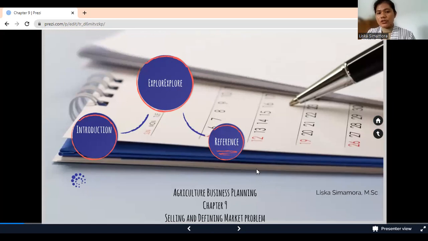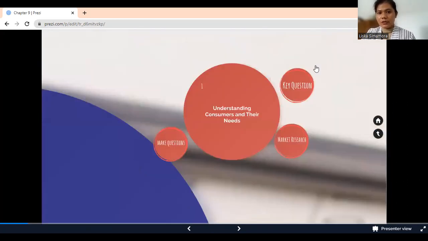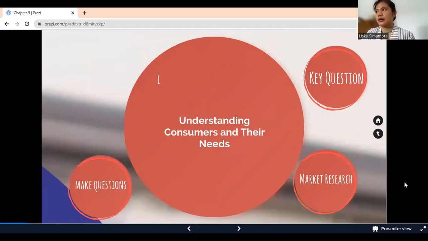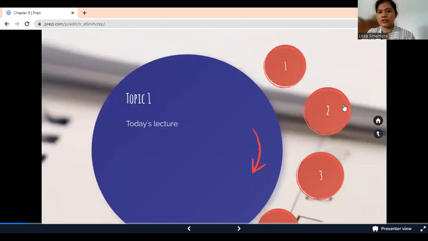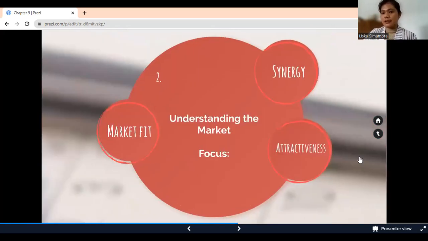Of course, you have to do market research, to understand your customer, and also to understand the market. Okay, because you cannot only understand your market, you also have to understand your customer.